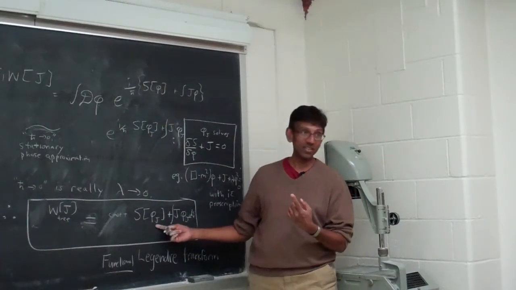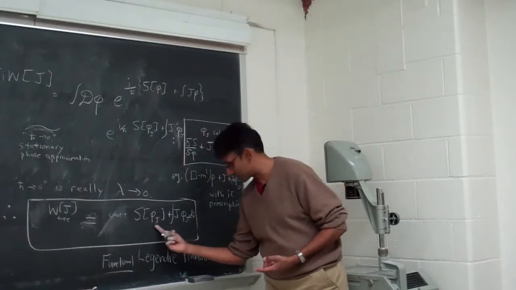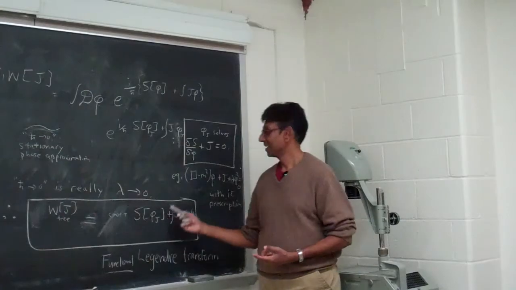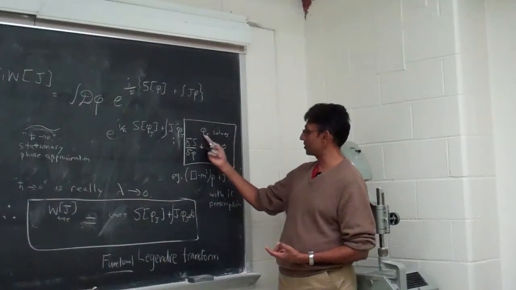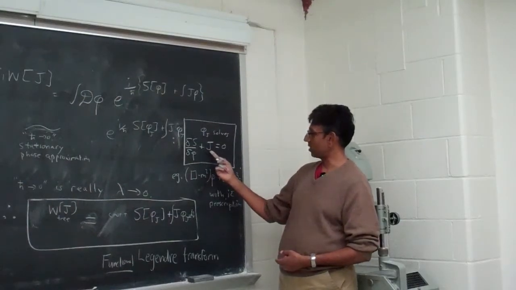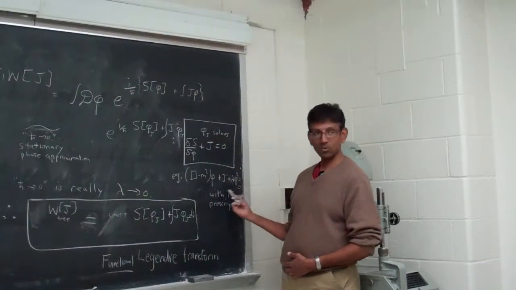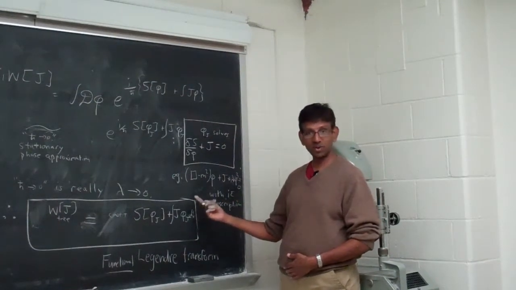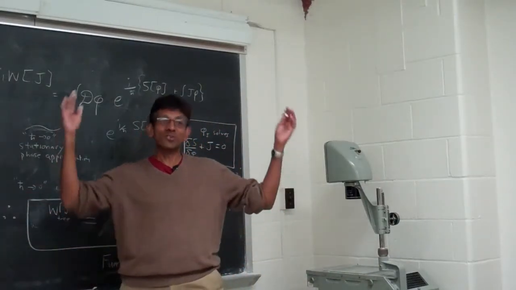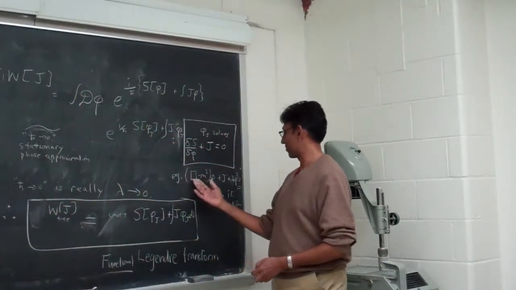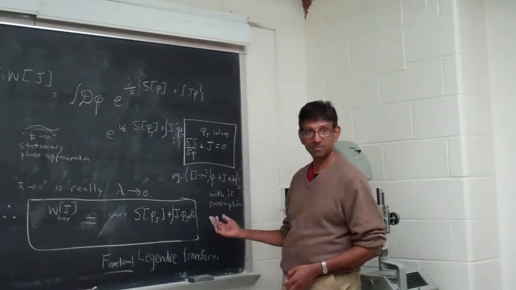Have we done that? Yes, the notation I used makes that clear. Phi_J takes this independent variable, and you find phi_J as a functional of J by solving this equation. It may be very hard to solve, but whatever the solution is, it gives all the tree diagrams in one shot, by just solving this equation once, while keeping that i epsilon prescription in mind.